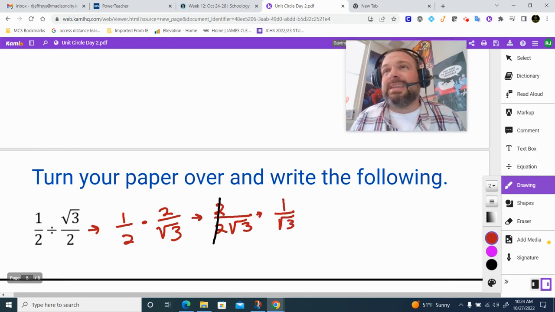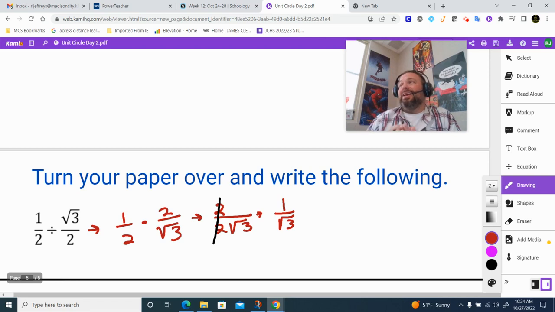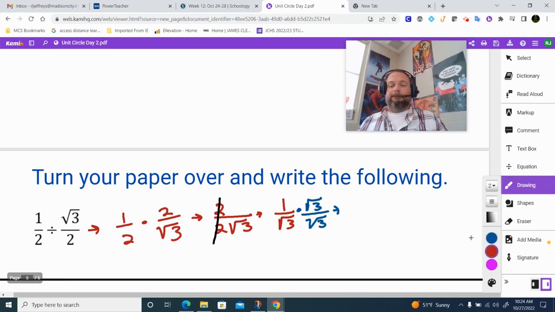Now, can we have a square root in the denominator? No. I think it's perfectly fine, but other people said no. So we actually have to multiply the top and bottom by root 3. So on top, we're going to have root 3, and then 3.